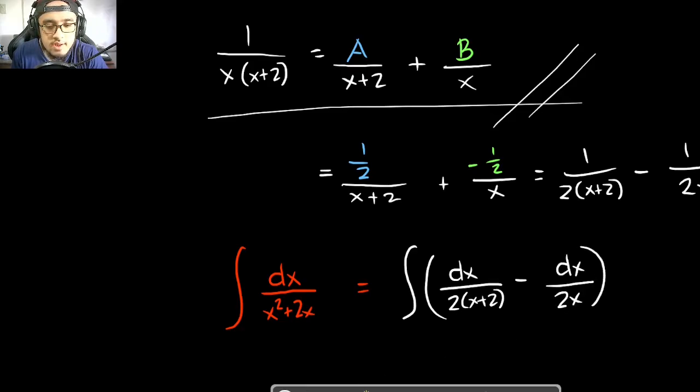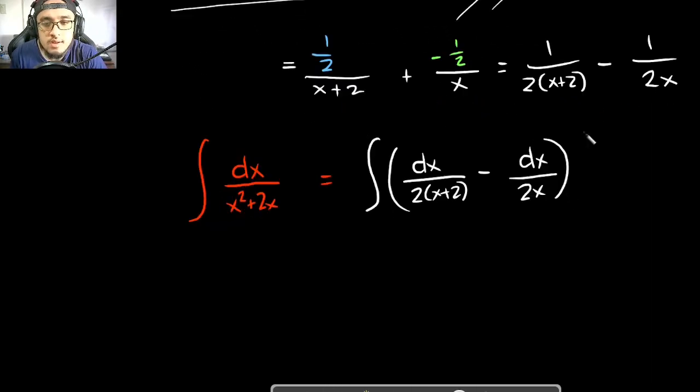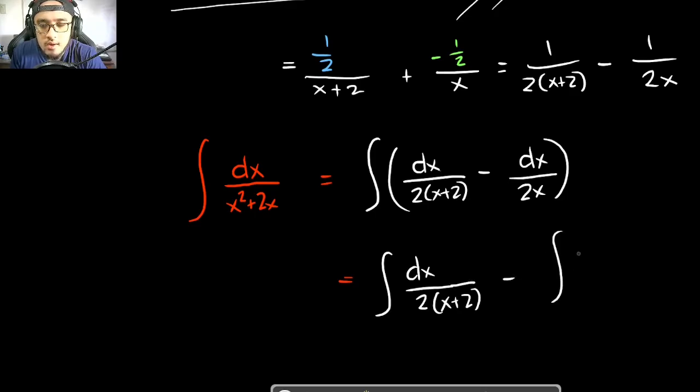Once again, I have just reintroduced the integration symbol and dx. Since these are already simplified, we can now use our basic integration formulas to solve for them. So this is now equal to the integral of dx over 2 times x plus 2, minus the integral of dx divided by 2x.